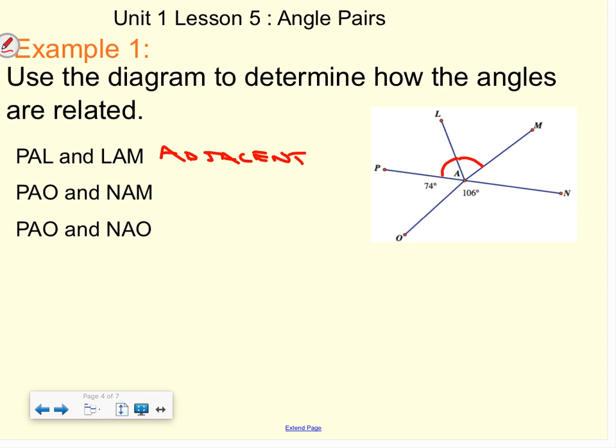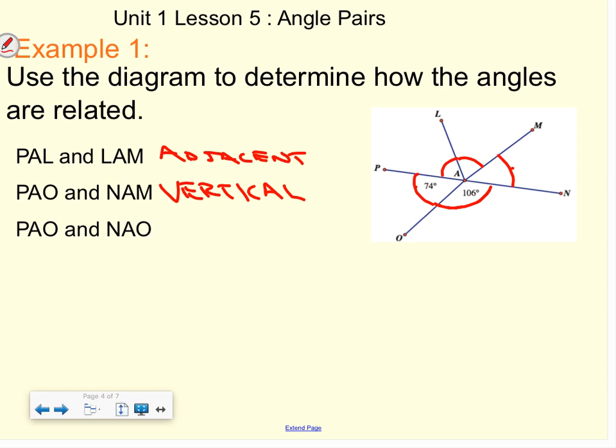Okay. PAO and NAM. Those would be these two right here, and these two right here. Well, we have two lines intersecting, and so these are vertical. Okay, let's see, then PAO and NAO.